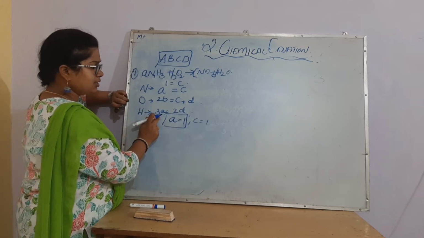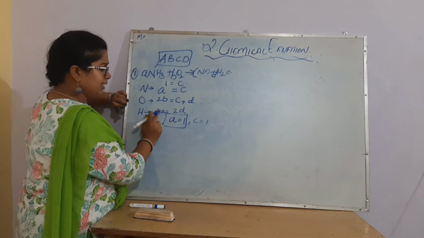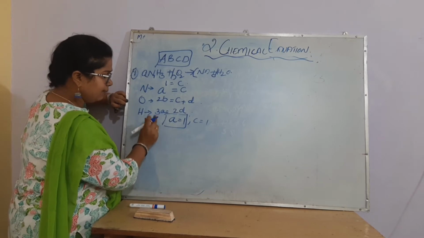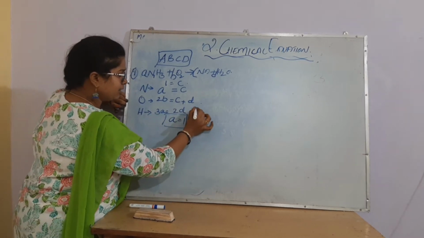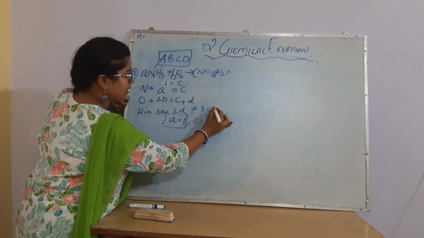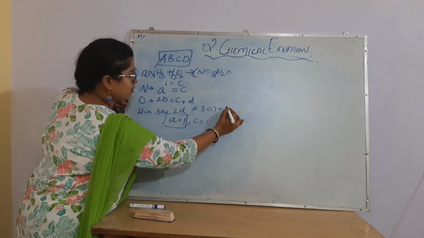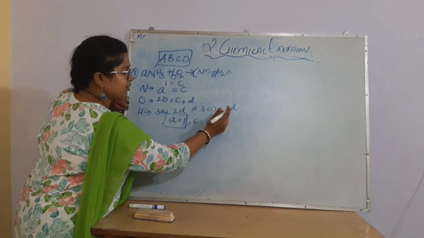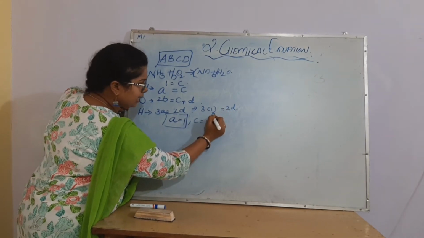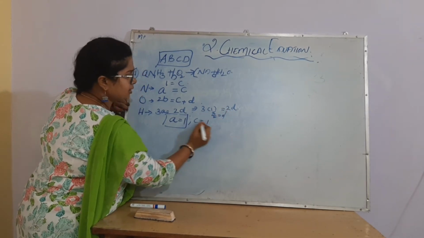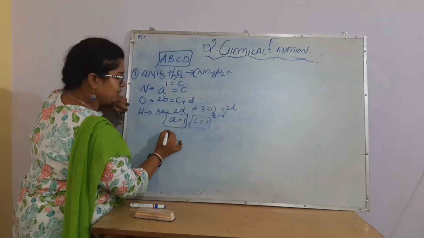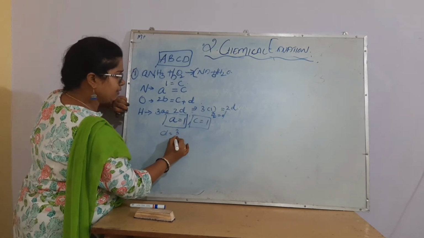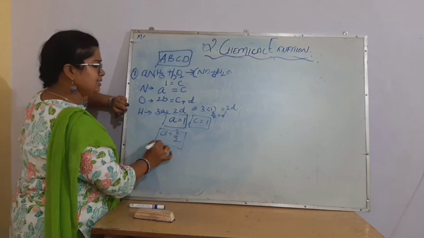Here I will put it so that I get D. A is 1, so 3 into 1 is equal to 2 into D. So 3 by 2 is equal to D. So I got the D value also: D is 3 by 2. Then A, C, D I got.